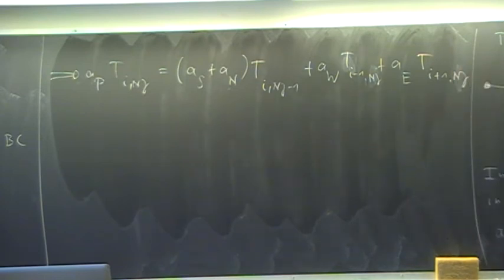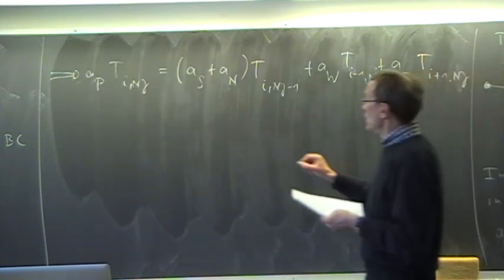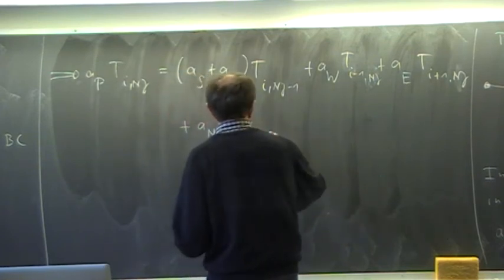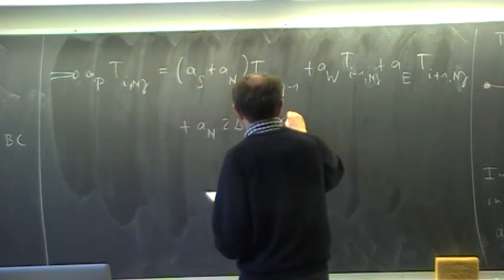And we should not forget the part that is constant, that is plus aN 2 delta y g of xi.